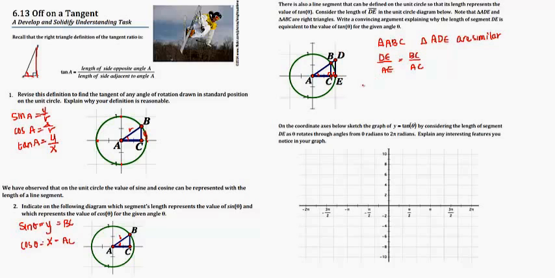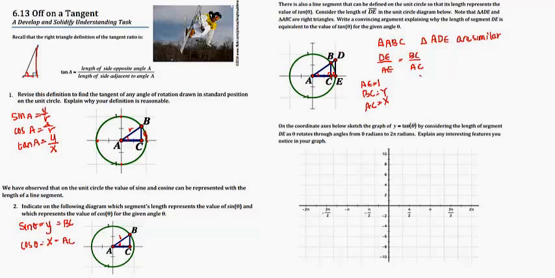So I'll substitute that in for 1. Let's think about BC. What do I know BC is equal to? Well, BC was also equal to y. So I'm going to plug in y for BC. And AC was equal to x.